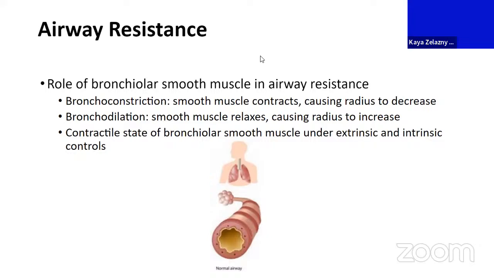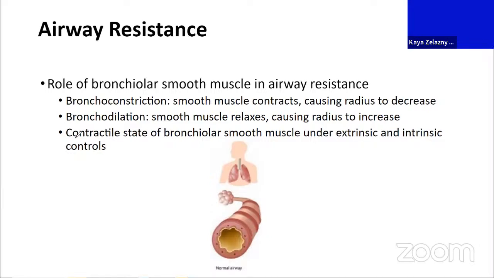So here we have our basic definitions of terms, right? Broncho is always referring to our lungs, specifically like our bronchioles, right? So that was one of the levels of our airways, so we're going to associate it with that. So bronchiolar smooth muscle. Okay, so constriction, getting smaller.